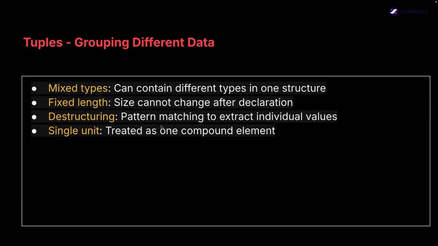So if you have a tuple having multiple elements, you have to destructure it, for example. You can index into it. If you know the position, you can index into it. It's just like an array.